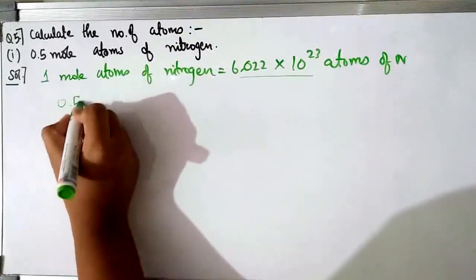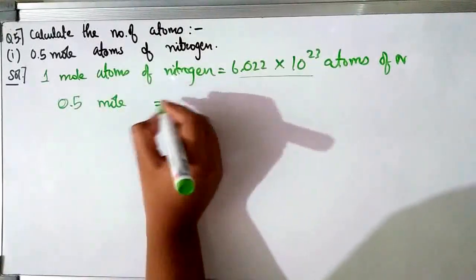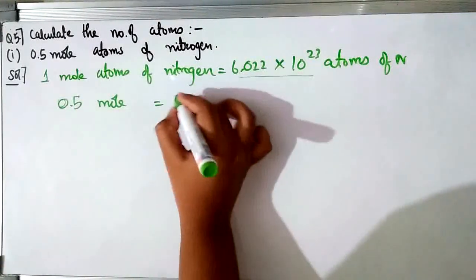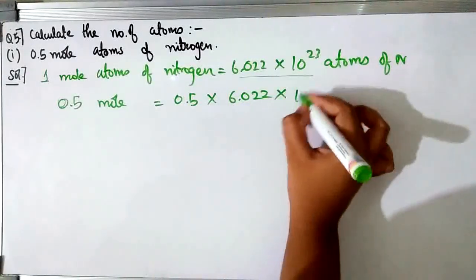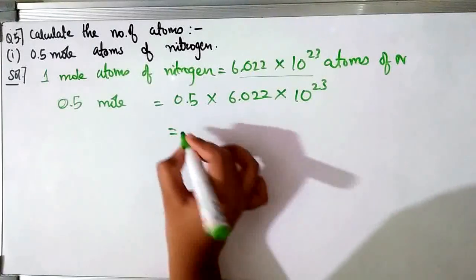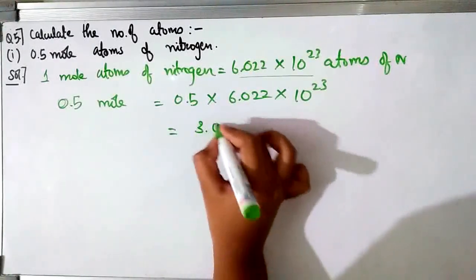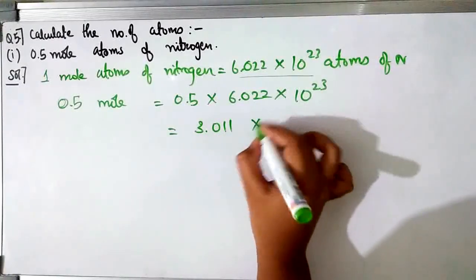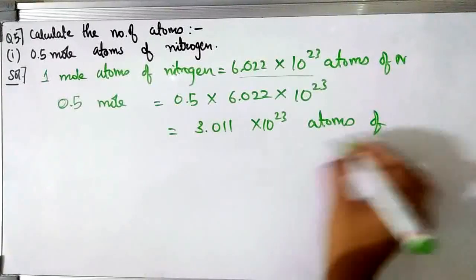So how many atoms of nitrogen will 0.5 mole contain? So 0.5 mole will contain 0.5 into 6.022 into 10 to the power 23, which will be equal to, after solving, 3.011 into 10 to the power 23 atoms of nitrogen.